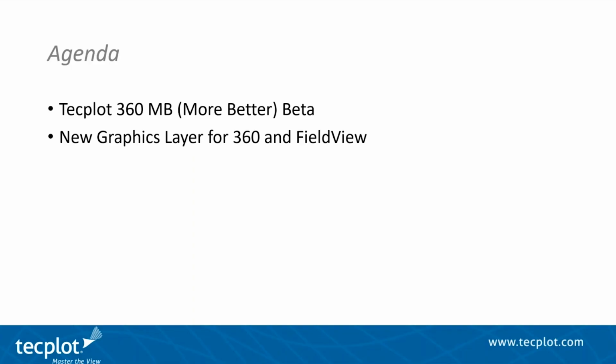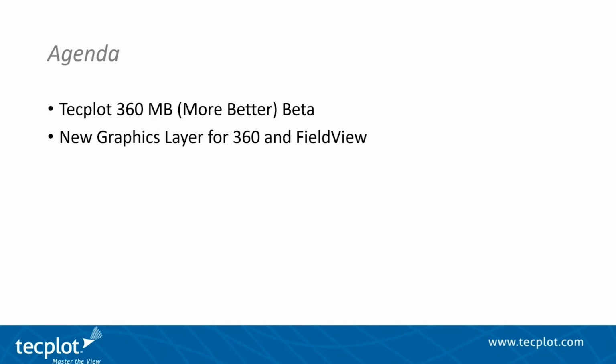Okay, so pretty quick agenda today, two major bullets on the list. We're going to talk about Tecplot 360 MB. The MB is a little bit tongue-in-cheek, and it's kind of our internal name, and we're using it externally as well to describe some enhancements that really make Tecplot more better, which is again a bit tongue-in-cheek, but we're having fun with it.